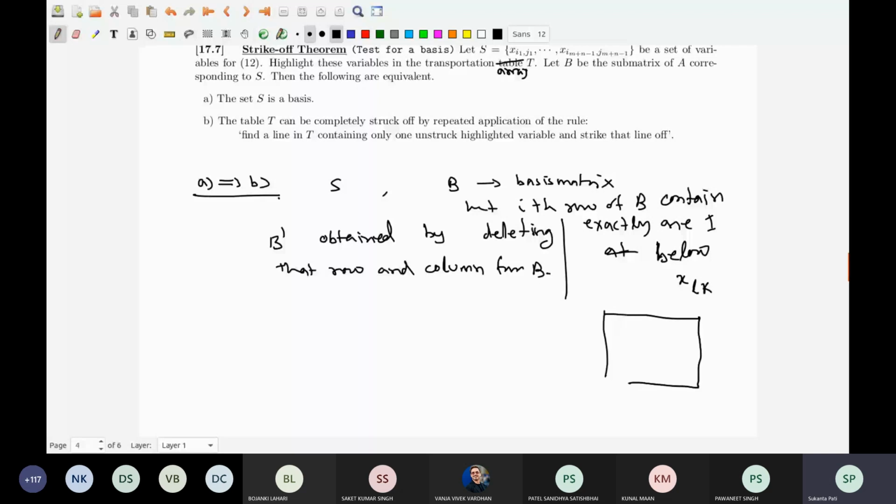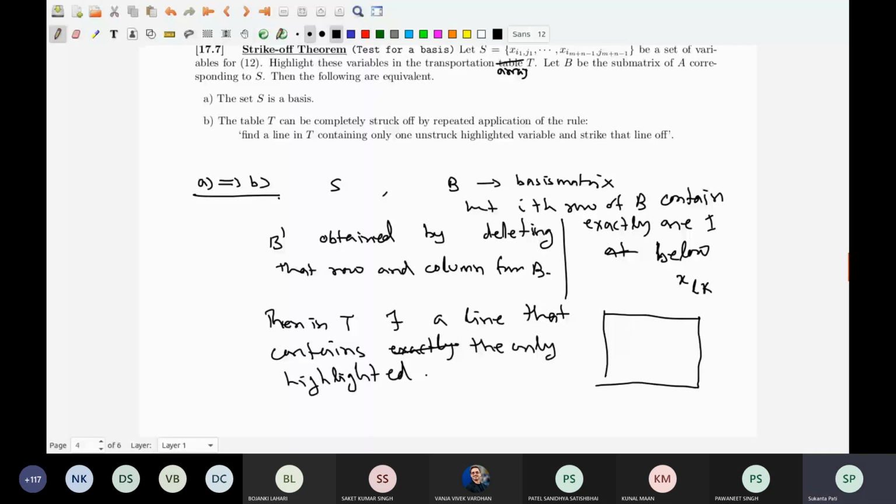So in T there is a line that contains exactly the only highlighted variable xlk. Now delete that line.